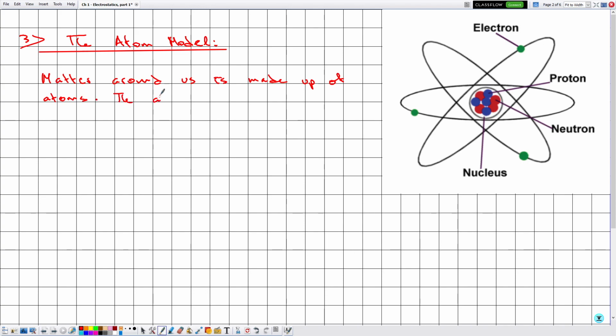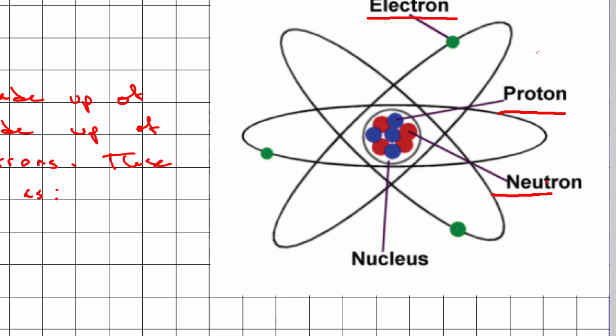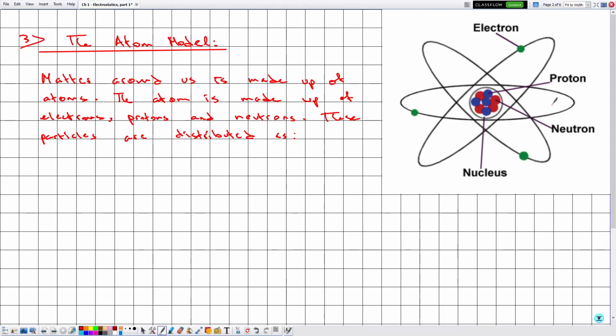The atom itself is made up of electrons, protons, and neutrons, and they are distributed as follows.